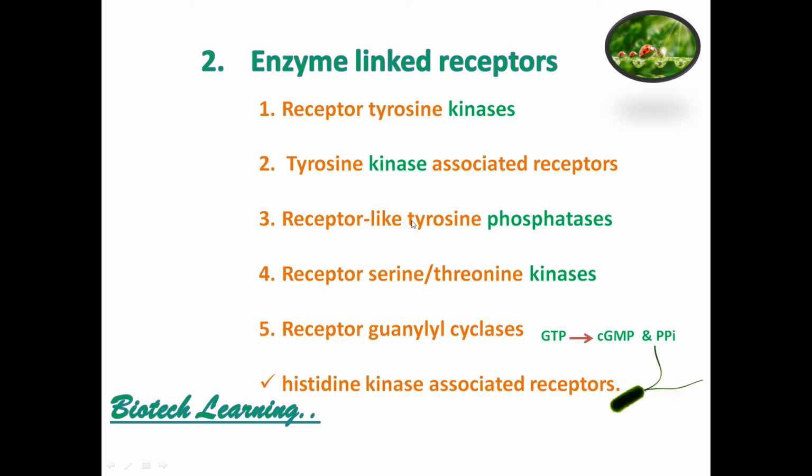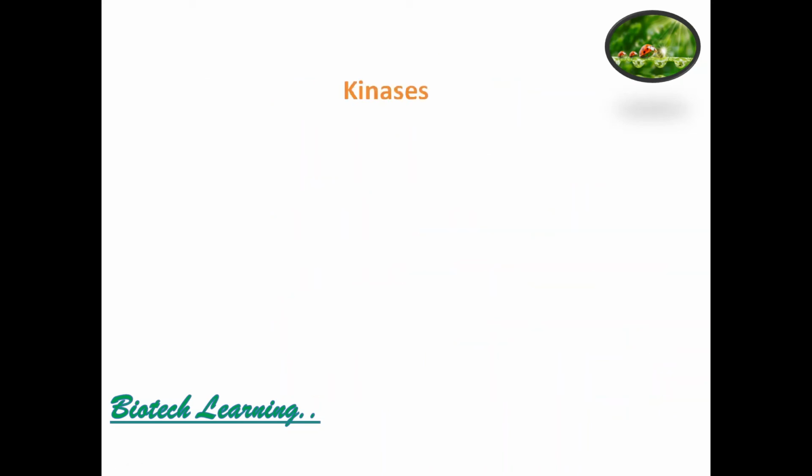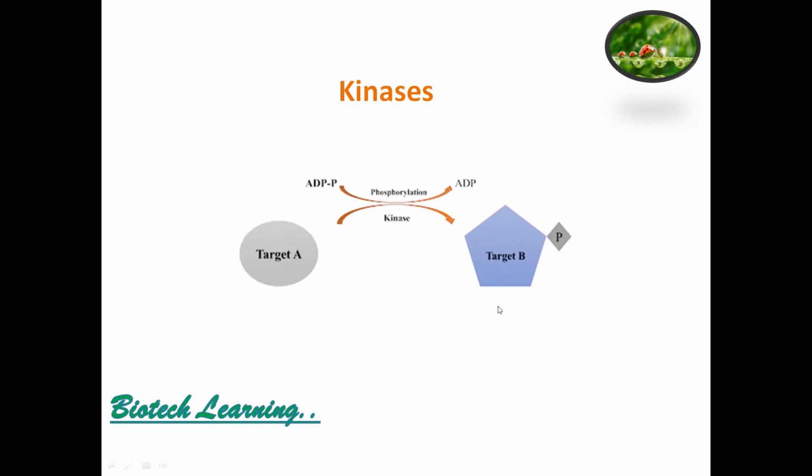Then why are they classified separately? This is because kinases, as we have said, add a phosphate group to the target protein. But if the phosphate group is added specifically to a tyrosine moiety of this target protein, then it is called tyrosine kinase.